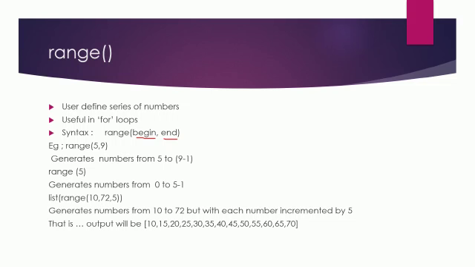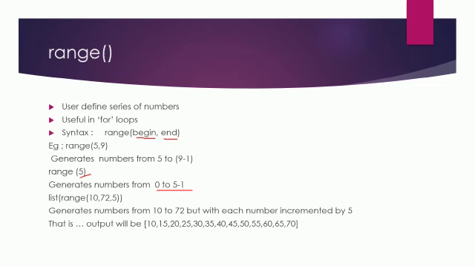Okay. So next again you can see range of 5. Only one argument is given, so it will not be treated as the beginning, it will be treated as the end number. So it generates from 0 to 5 minus 1.